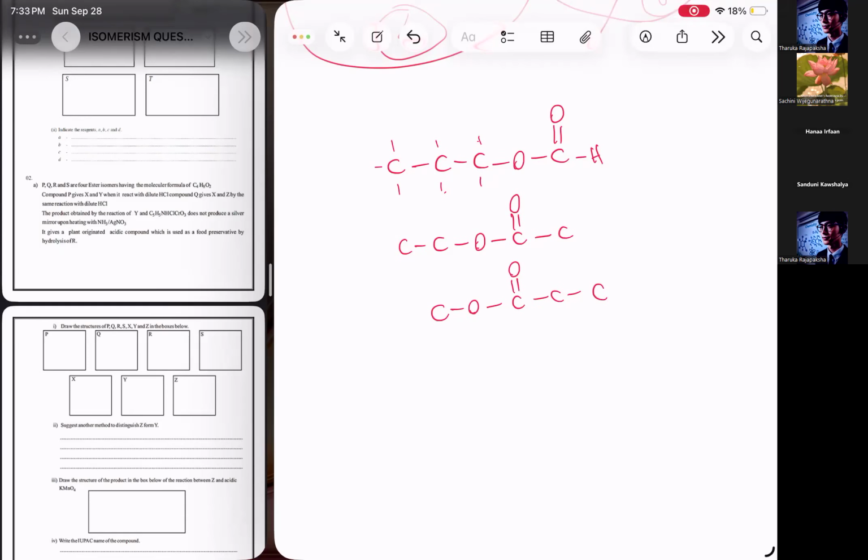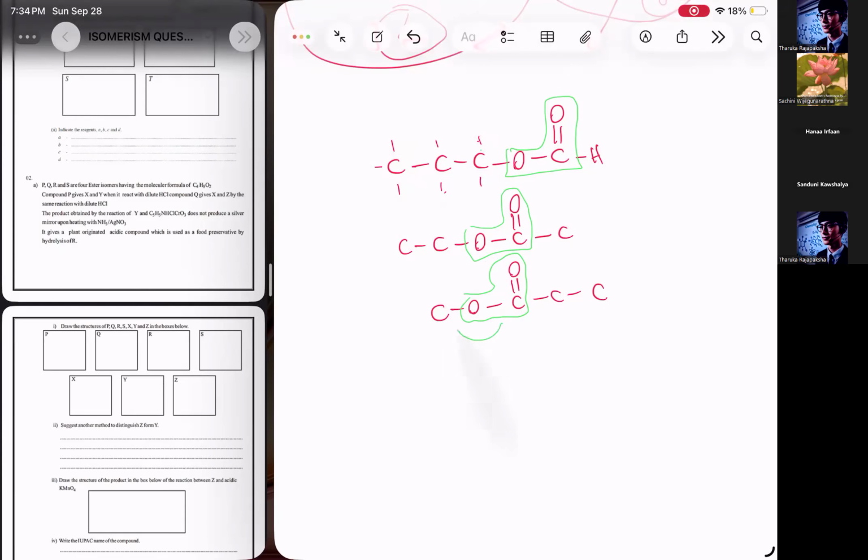Let's see. Now I'm going to highlight this part so that it is visible to you. Now this has moved here. Where else can we move it? We can move this carbon to this place, right? Because this is not a structure.